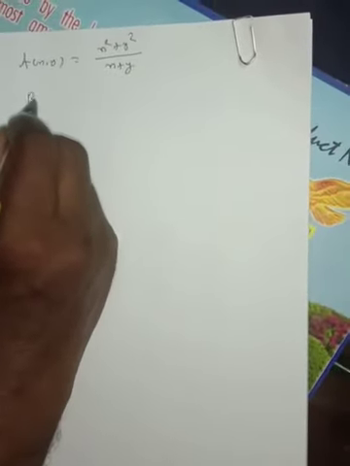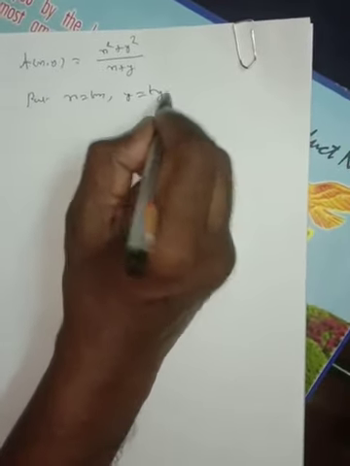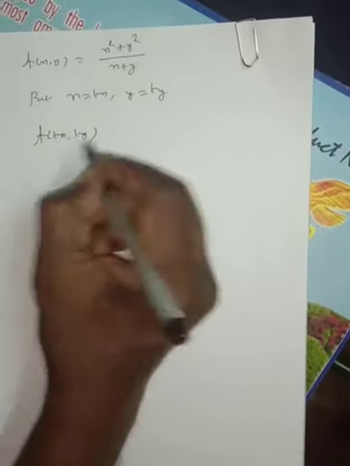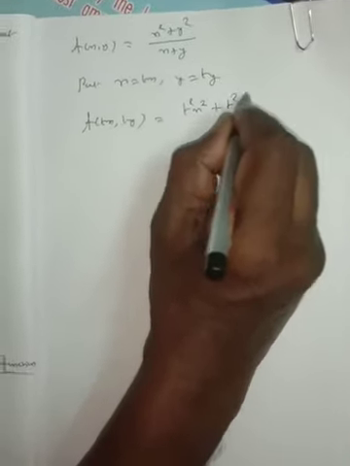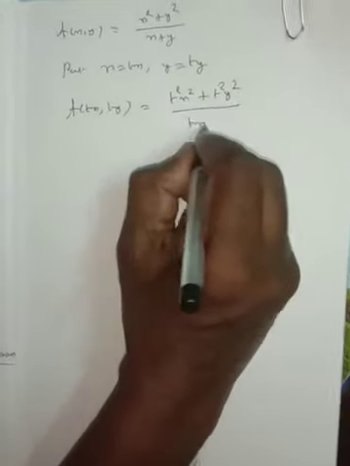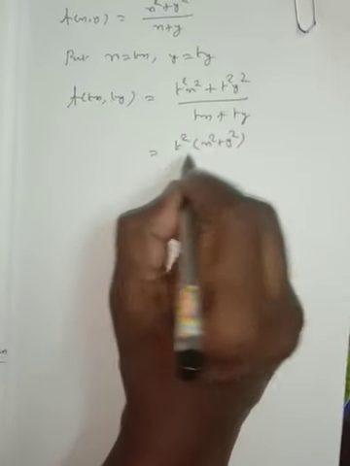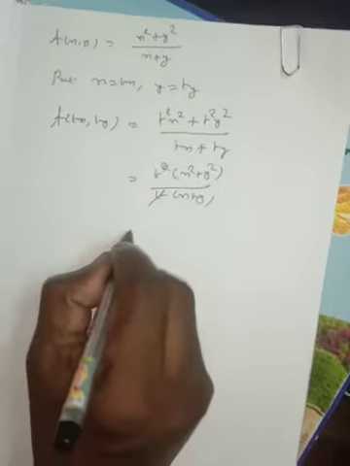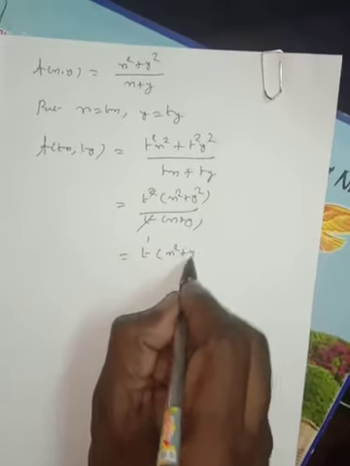Put x is equal to tx, y is equal to ty in the above. We have f of tx comma ty is equal to t square x square plus t square y square divided by tx plus ty. Taking t square common in the numerator, x square plus y square divided by t into x plus y. Now t cancels, t into t means t power 1 into x square plus y square.